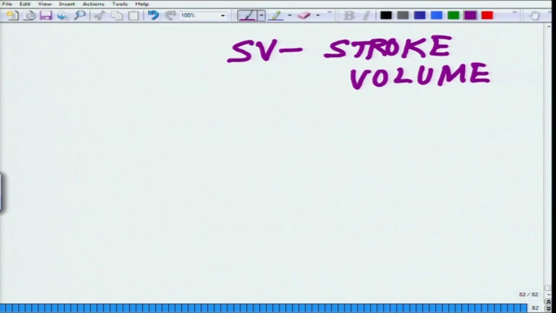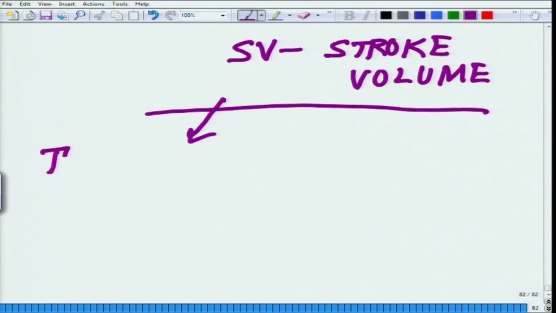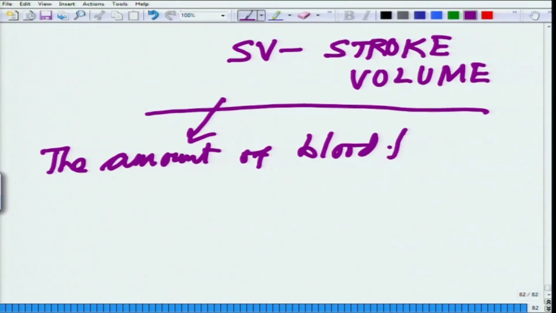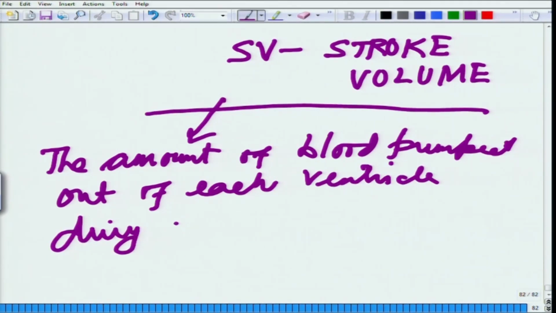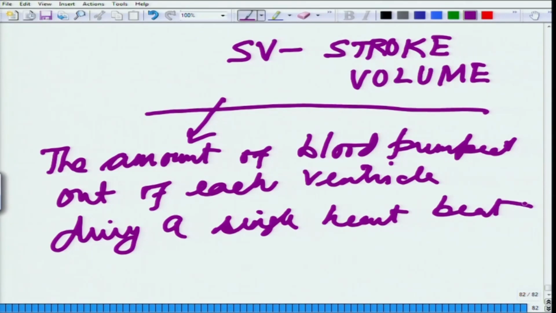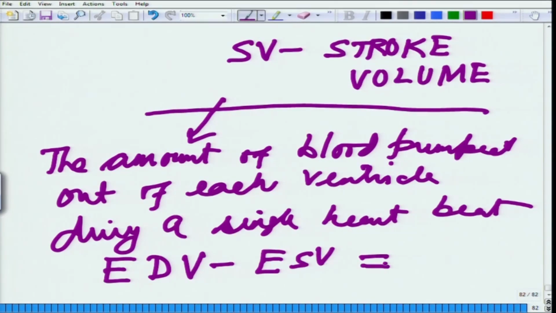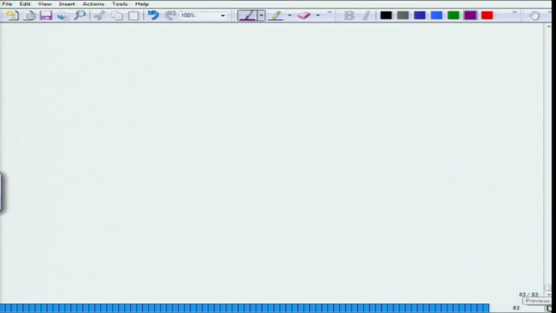Stroke volume is the amount of blood pumped out of each ventricle during a single heartbeat, and expressed as EDV, what we just now explained, minus ESV, end diastolic volume minus end systolic volume, that gives you the stroke volume. Okay.